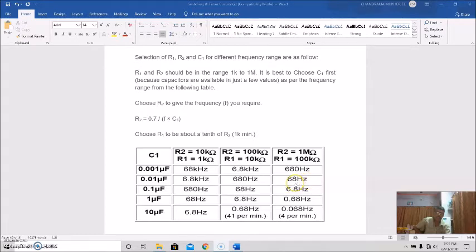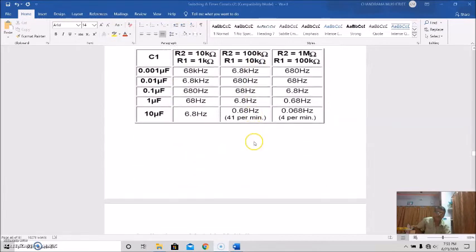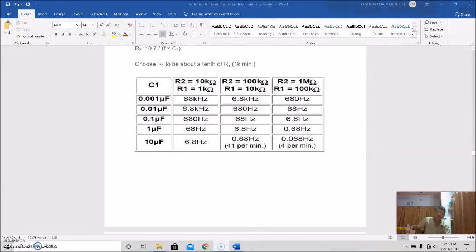There was something wrong with that; this will be kilohertz actually. In this way, you will get different frequency levels by selecting from this table.